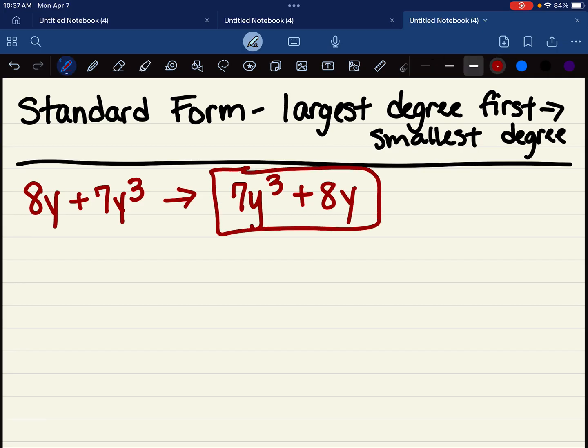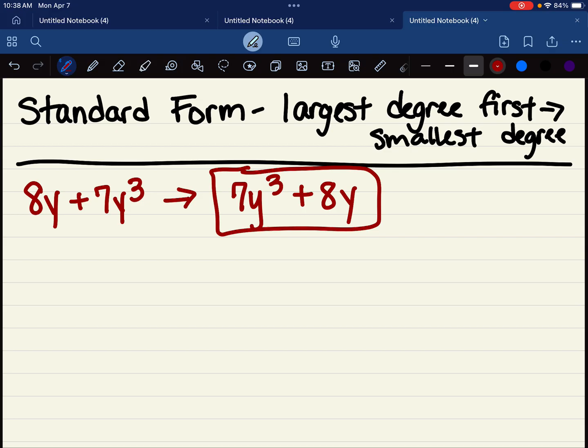Then it might also ask you, what is the leading coefficient? What would be my leading coefficient of this written in standard form? What's a coefficient? Anybody have a guess? If I want the leading coefficient, what leads that whole thing? It can only be one thing. Who's in the very front? 7, right? A coefficient is a number in front of a variable.